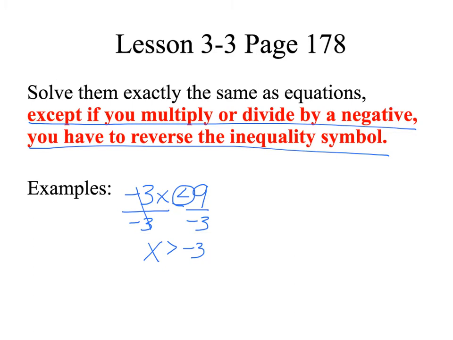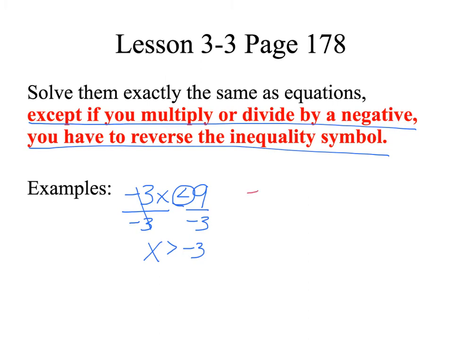And just to make sure your inequality is going the right way, you have to flip the sign. If you really want to, on page 179, there's one of those, here's why it works sections, and you can go through and read that. If you wanted to, you could come see me and we could talk about that. But it's really not all that important. The important part is that you just flip the sign.